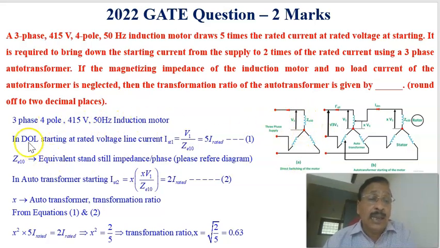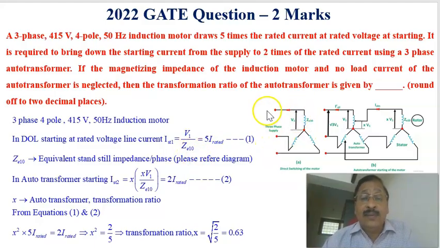In the DOL starting method, if the per phase voltage is V1, and this impedance, the equivalent standstill impedance per phase of the stator, is Z, which is equal to Z01.